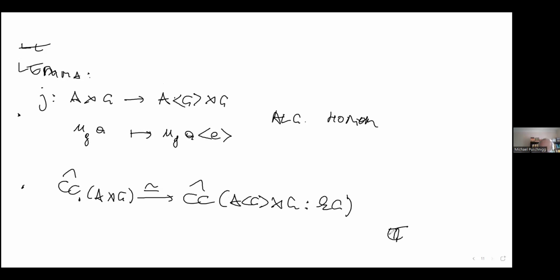The second lemma is now the following. When you look at this, now we go only for the homogeneous part. There's a version of the lemma covering everything, but I'm only interested now in the homogeneous part for simplicity.